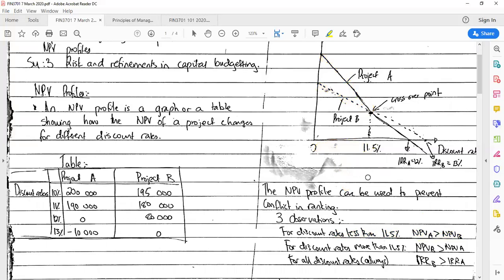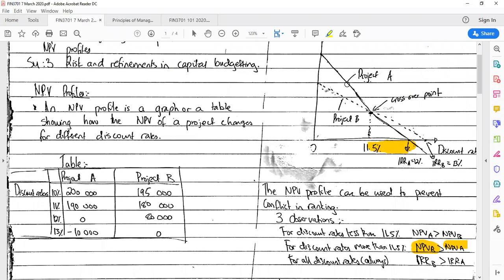Let's look at a second observation. Let's say we use a discount rate greater than 11.5%. Let's say maybe we use 13%. If we use a discount rate more than 11.5%, you notice that the graph of B is now higher than the graph of A. The graph of B is on top of the graph of A. So this means the NPV of B is higher than the NPV of A if we use a discount rate, which is found somewhere here, which is higher than 11.5%, right?